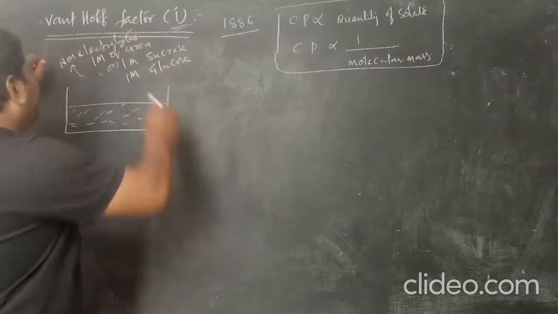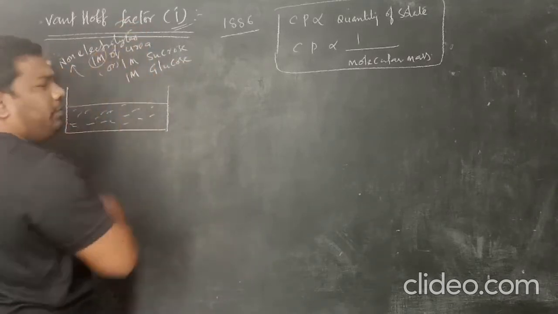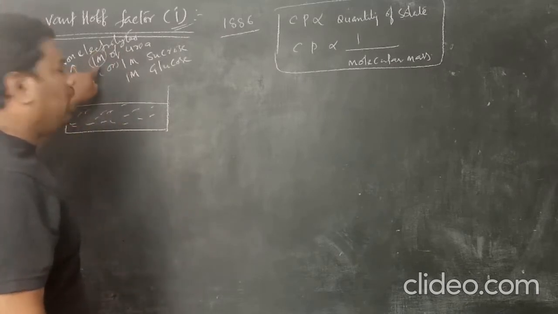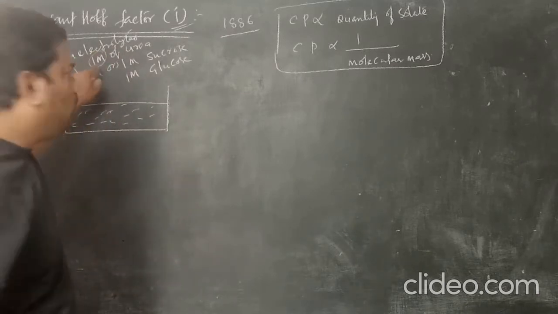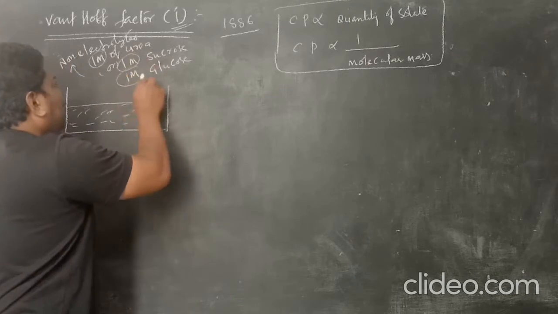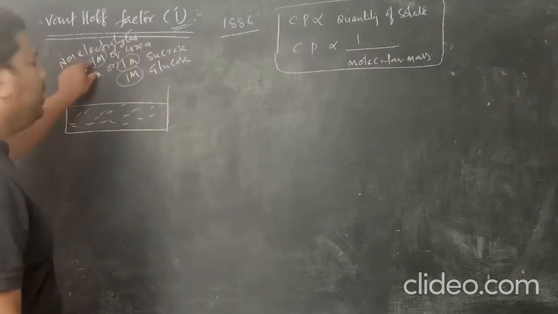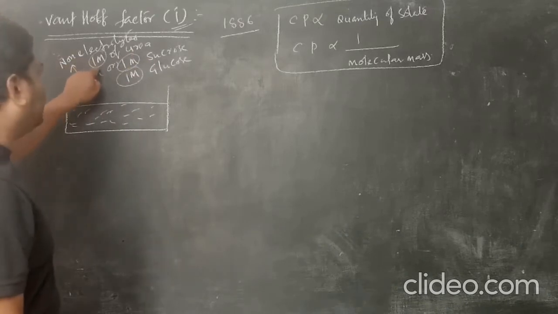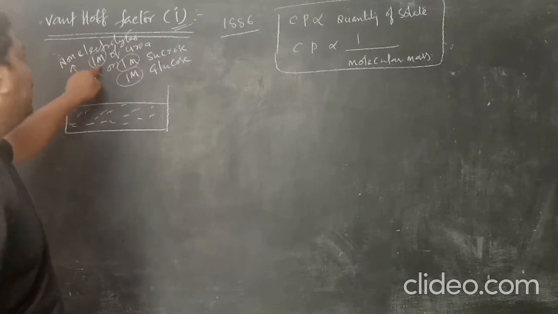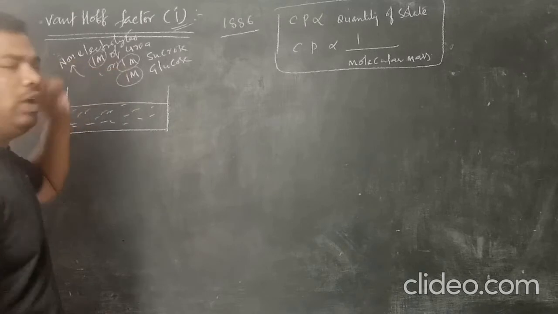So here the amount of non-volatile solute is 1 mole, here also 1 mole, here also 1 mole. Therefore the colligative property is directly proportional to the quantity of non-volatile solute.